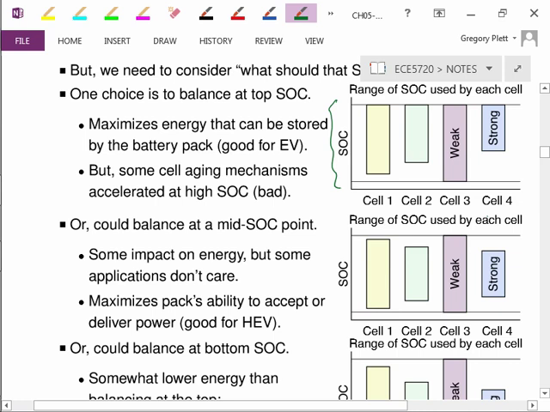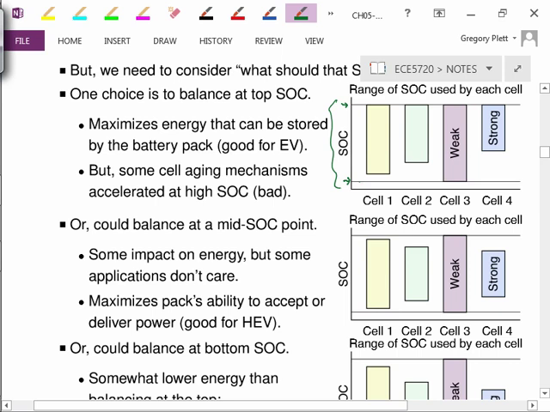And the size of the bar indicates the state of charge range used by that cell over time. So the top state of charge is our top design limit, and then this lower line here is the bottom design limit for state of charge.